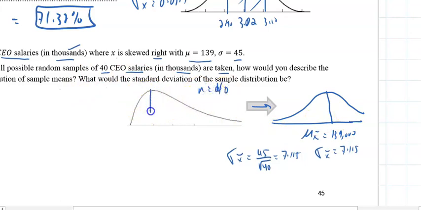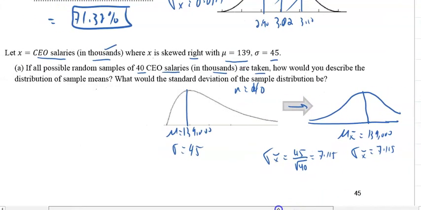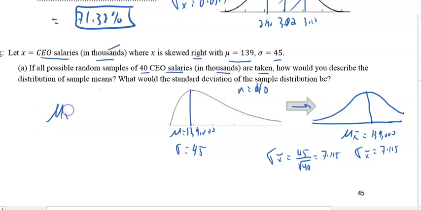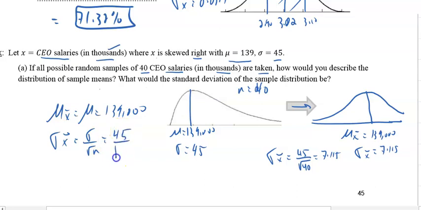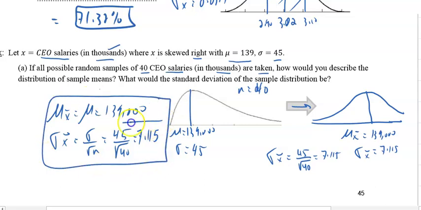Here they have the mean skewed with 139,000 and 45 for the standard deviation. I'm going to assume that this is the population, which is 139,000, and this is, and there it is.